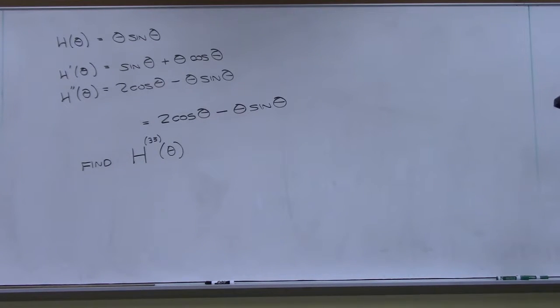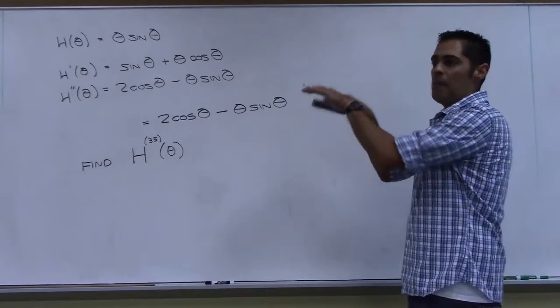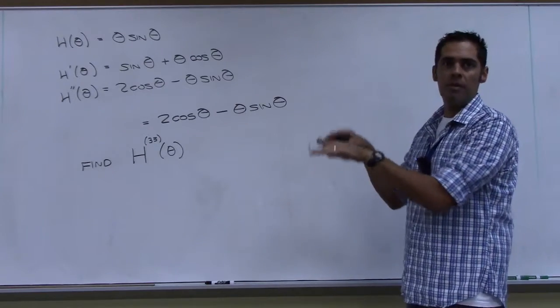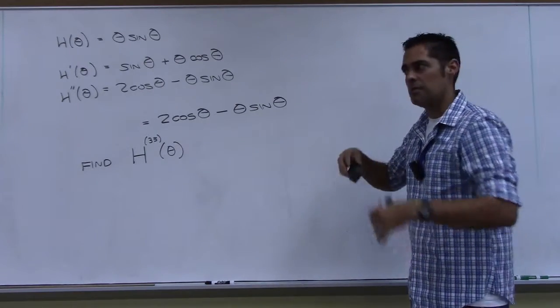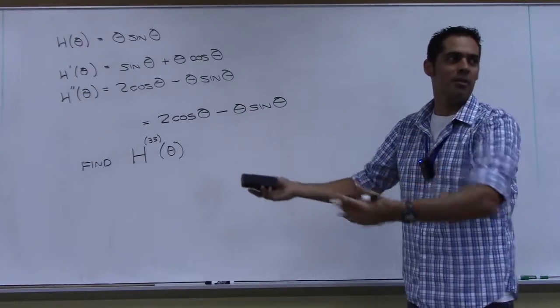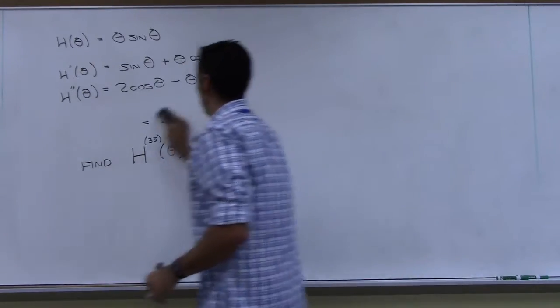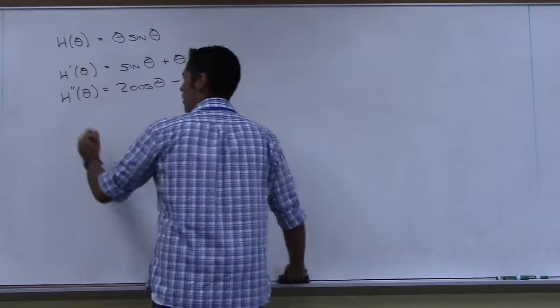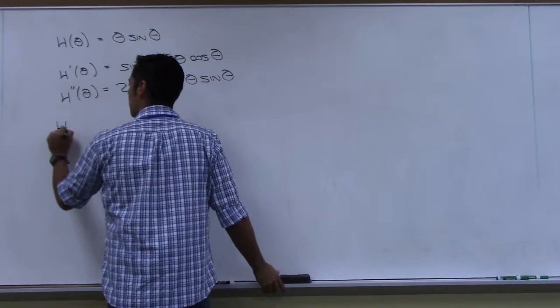I want the 35th one. So you're supposed to do third derivative, then fourth, then fifth, then sixth, and seventh, eighth, ninth. All right, so let's see if we can pick a pattern up here. Let's do a couple more derivatives, and hopefully we'll pick up a pattern and be able to go out to the 35th one without actually having to do it. So what would the third derivative be?